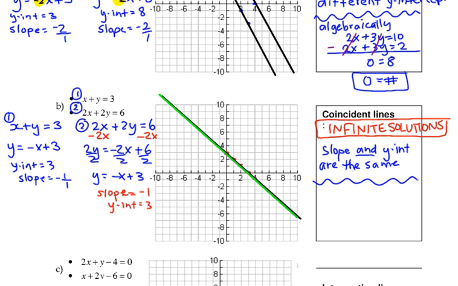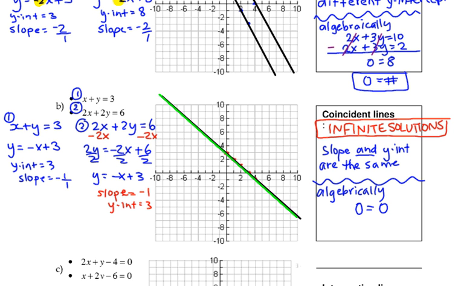Algebraically, because they're completely identical, if you use either substitution or elimination, you'll get down to 0 equals 0 because everything's going to cancel out because they're identical lines. So if I subtracted two identical lines from each other, they'll just get 0 equals 0. And so if that ever happens algebraically, where you get 0 equals 0, that's because it's the same line, same equation.